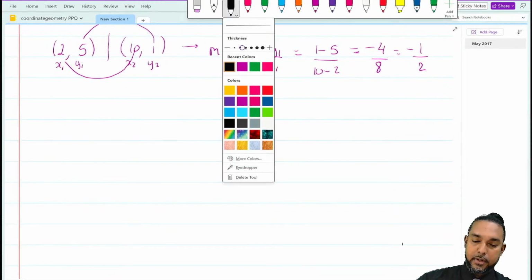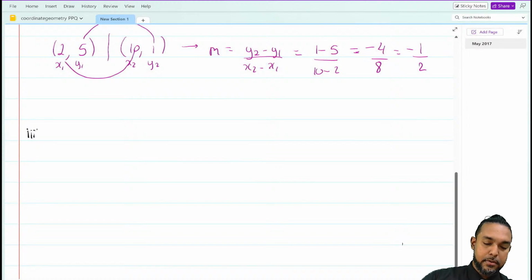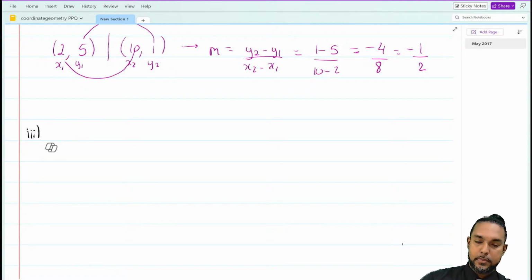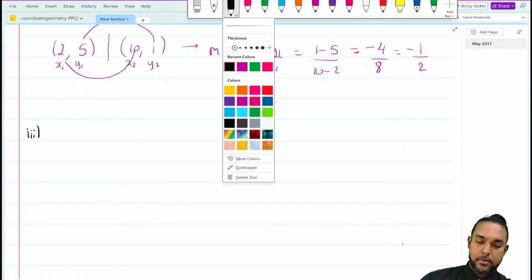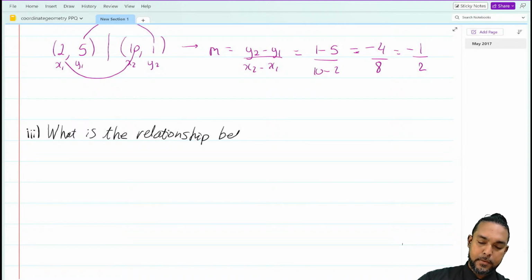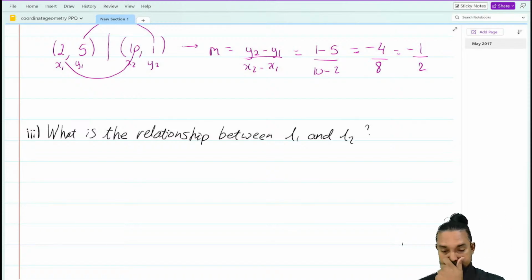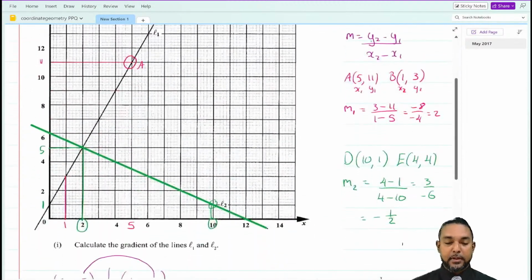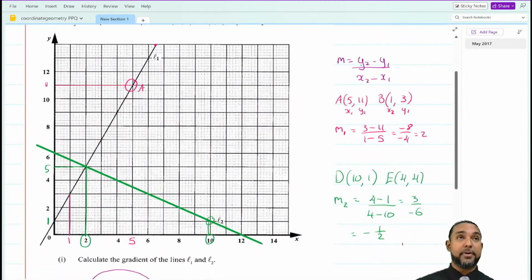What they're asking about here, in terms of the relationship, usually is whether they're parallel or perpendicular.